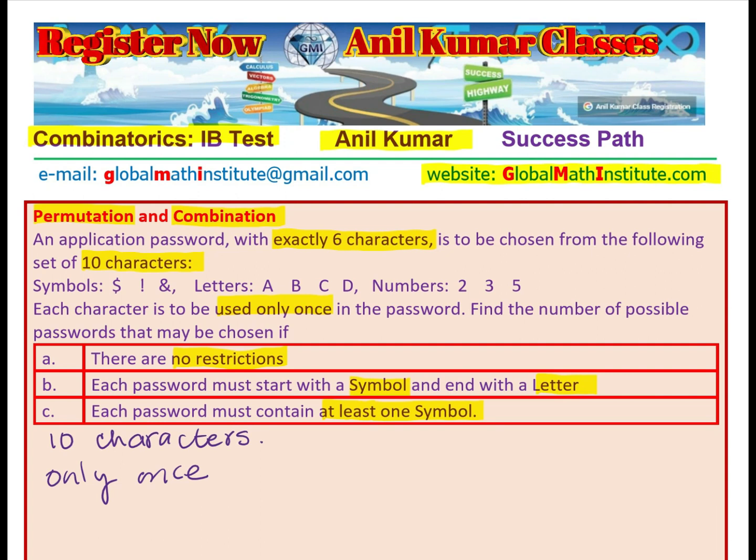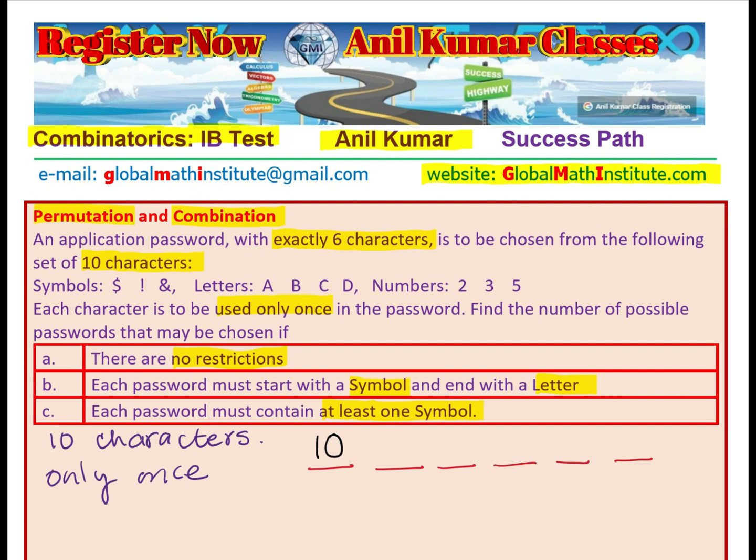Now, we will do like this. We have 6 spaces: 1, 2, 3, 4, 5, 6. We have to use any one of these 10, right? How many different ways? Well, to choose for the very first spot, we have 10 options, right? Total number of options are 10.